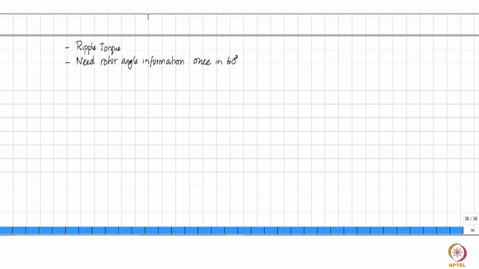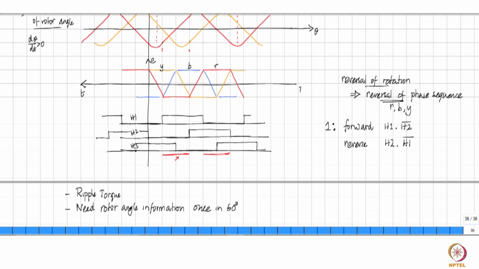That is, you require the rotor angle information whenever a particular EMF waveform becomes flat. So you need information regarding whether this specific rotor angle has been reached.